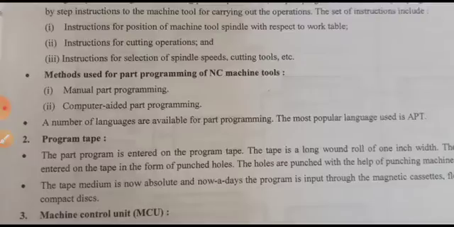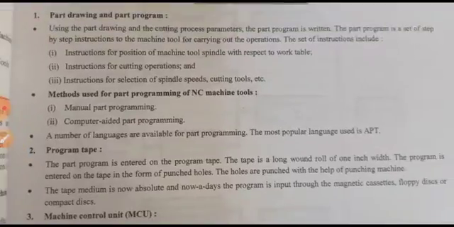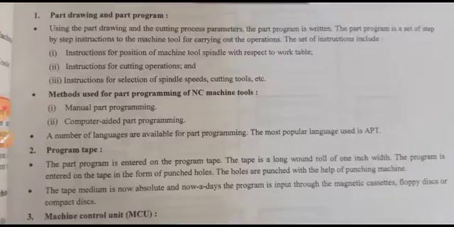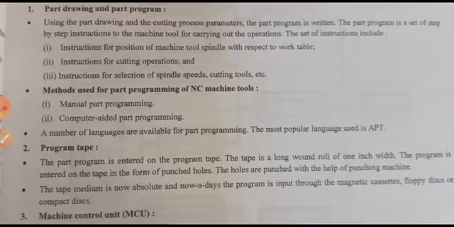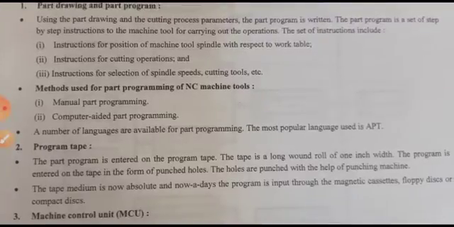Then the program tape. The part program is entered on the program tape. The tape is a long wound roll of 1 inch width. The program is entered on the tape in the form of punched holes. The holes are punched with the help of a punching machine. The tape medium is now obsolete, and nowadays the program is input through magnetic cassettes, floppy disk, or compact disk. Now the scenario has changed.